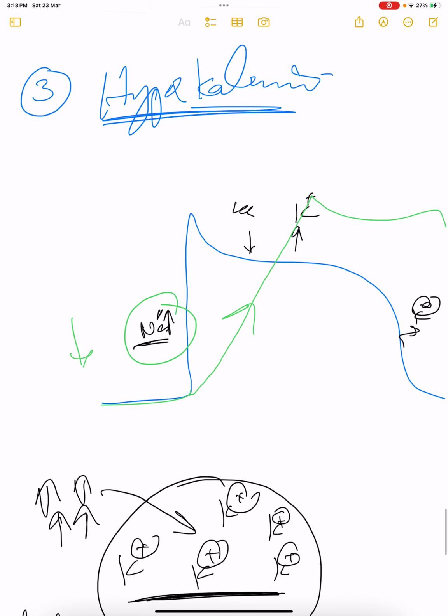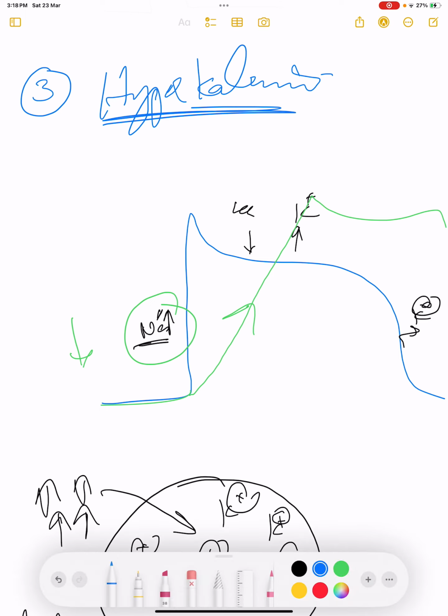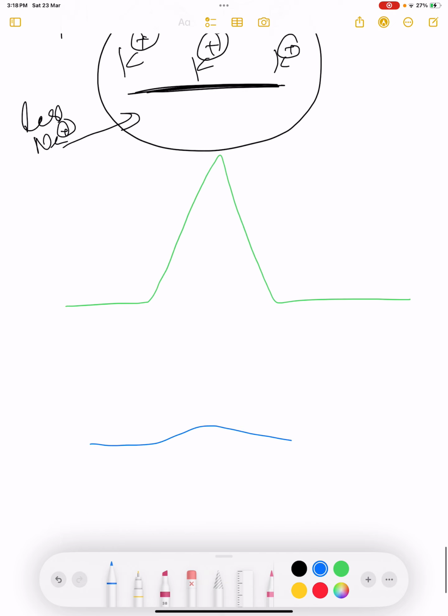And similarly, in the case of atria, if it is not steep, the P wave will be flattened or the P wave will be lost. So in hyperkalemia, we know that there are some other features as well, but two of the features are broad QRS complex and loss of P wave. So the third example of broad QRS complex is hyperkalemia.